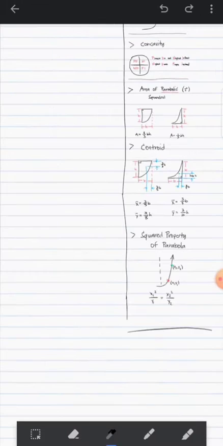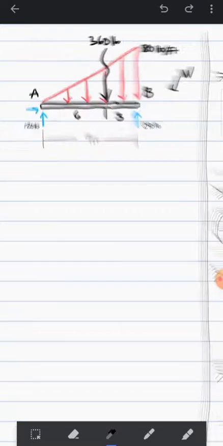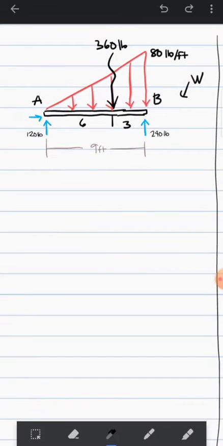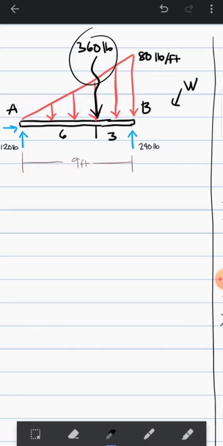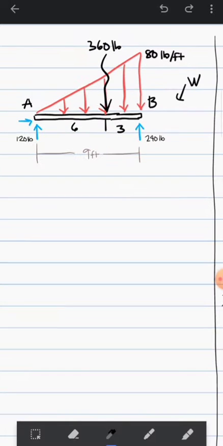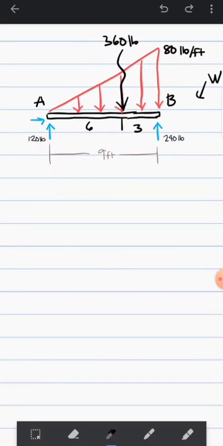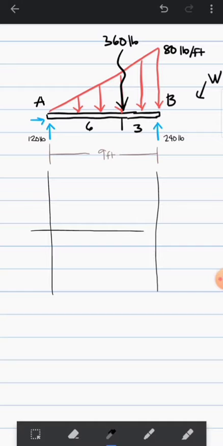So now, to draw the shear and moment diagram of this example with the given loadings, a triangular load, the given reactions, and the point load converted from the distributed load or uniformly varying load. To draw the shear, we just do discontinuity lines.